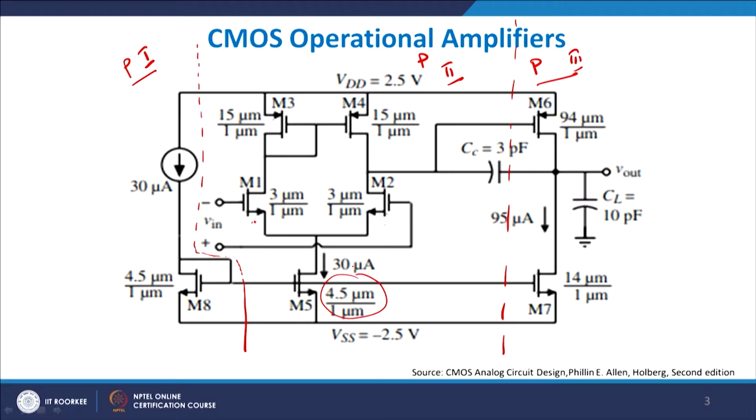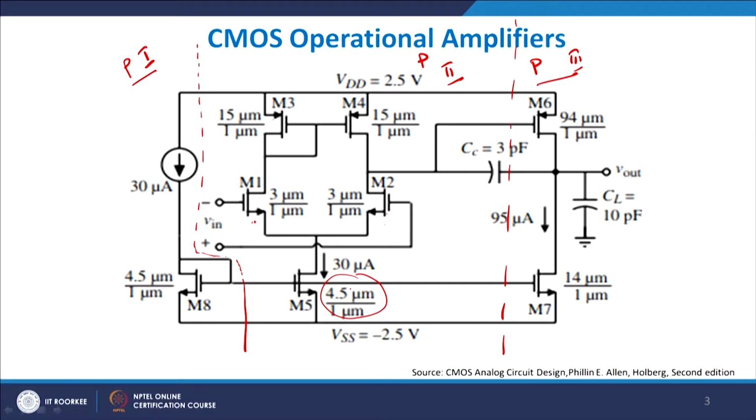So, this design is based on a 1 micron technology, which means the channel length of all the transistors used here is approximately 1 micron, and if you look at the W by L ratio of M5, it is typically very high, right. It is 4.5 micrometer by 1 micrometer, and your VSS is latched to minus 2.5 volts.